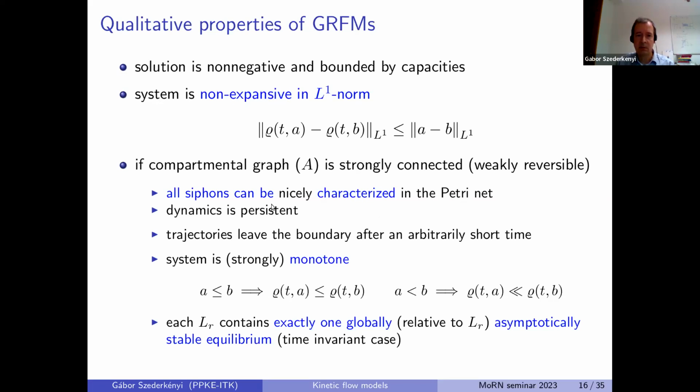It was quite nice how we could characterize all the siphons in the Petri net. The system is strongly monotone, and each level set contains exactly one globally asymptotically stable equilibrium. This comes from the compartmental theory in the time invariant case.